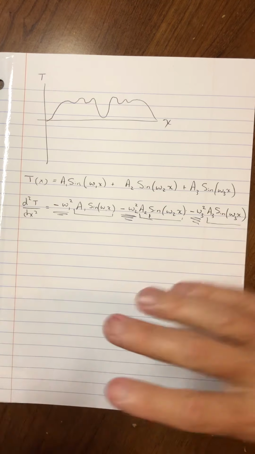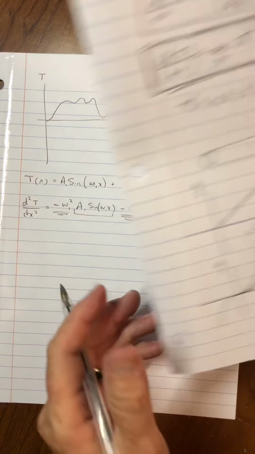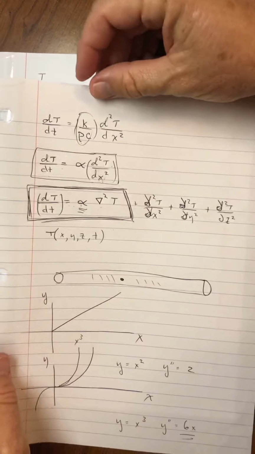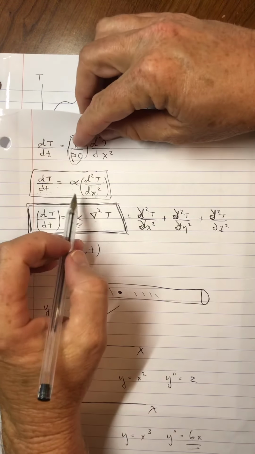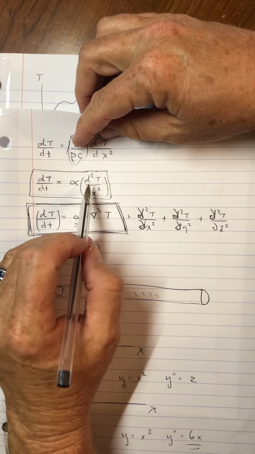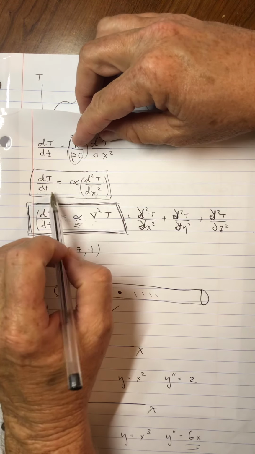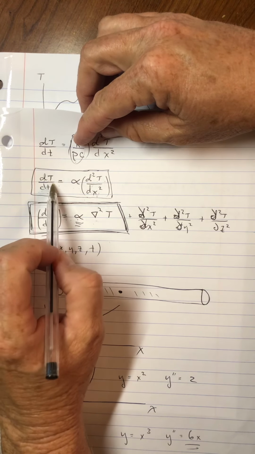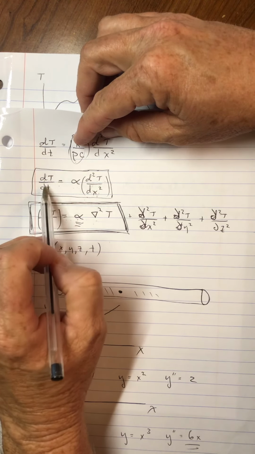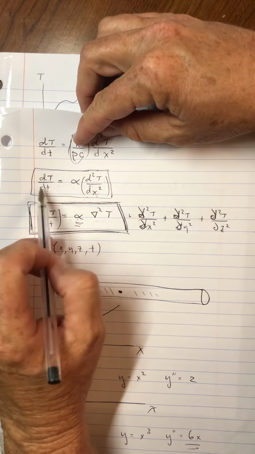Now, here's why I would discuss this. What this is saying is if you have an object with a temperature profile, the temperature at different points will change at different rates at different times.